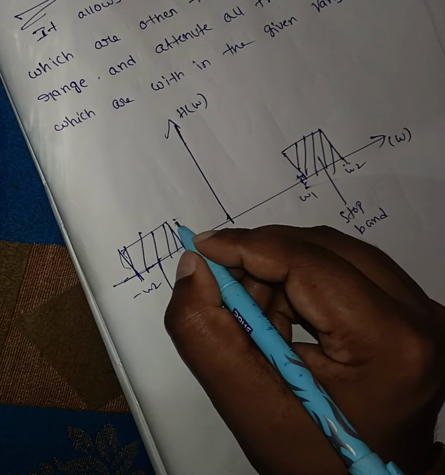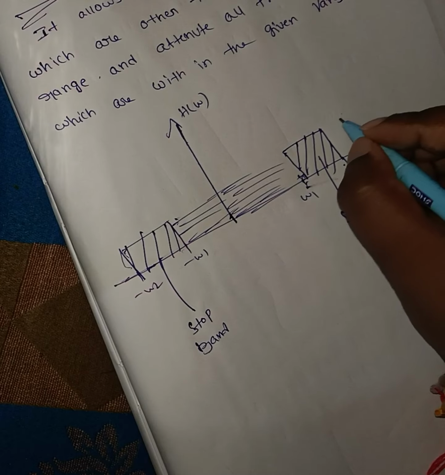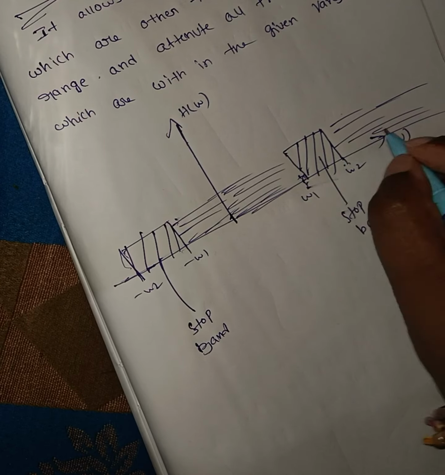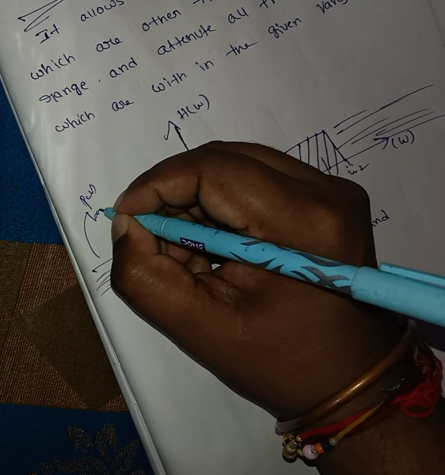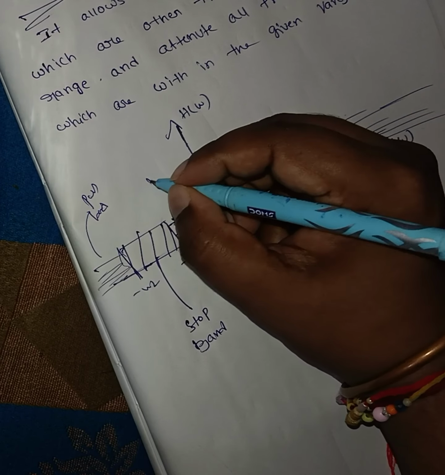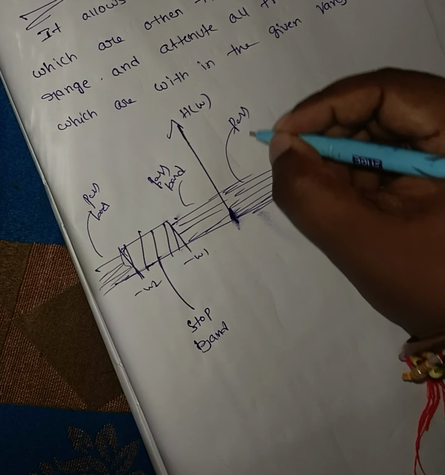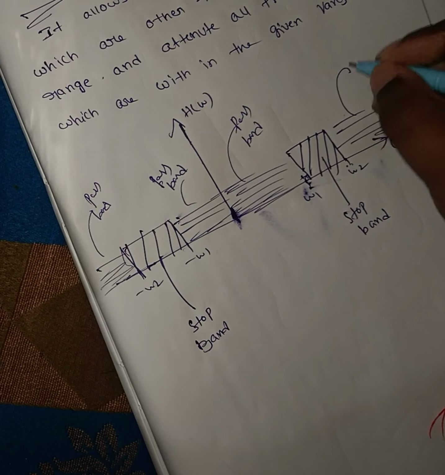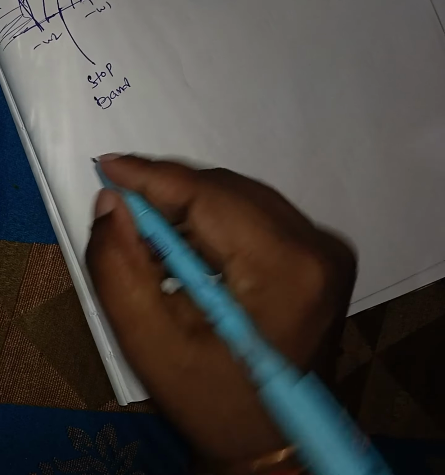So this and all of this is called pass band, and this is also called pass band. How will the characteristic equation be then?